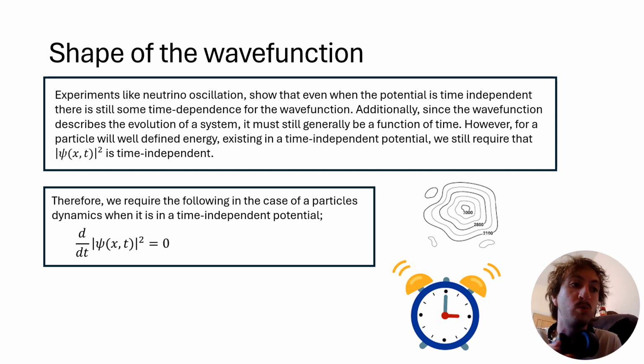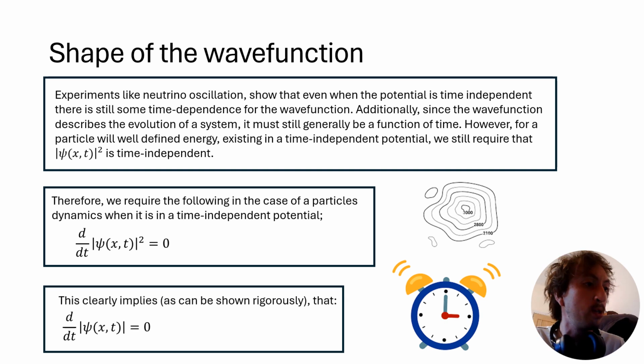And using the rules of calculus, which extend to complex numbers such as our wave function psi, you can show, quite rigorously if you want, that the top equation does imply, as we expect, that the rate of change of the modulus size of our wave function is 0.